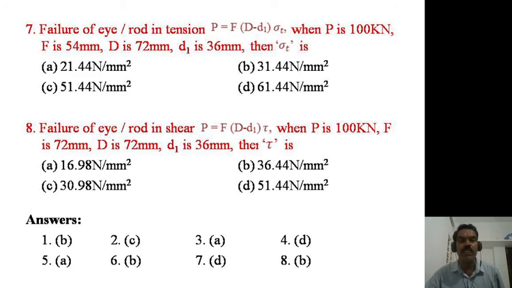Here A answer is like this, B answer is like this, C answer is like this, D answer is like this. But among A to D, these are the 3 dummy answers, and this is the right answer. That is B is the right answer for the question number 8, that is 36.44 Newton per mm square.